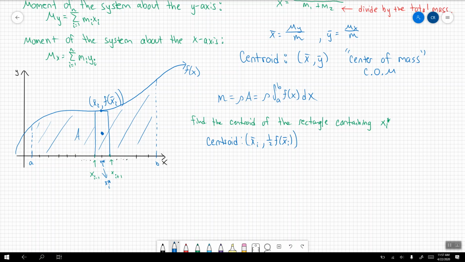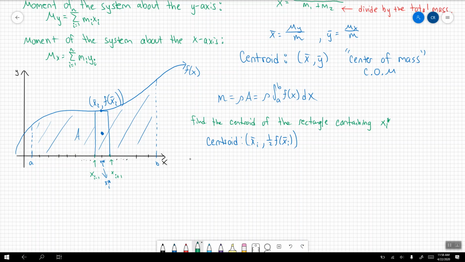Now, again, we don't want just a centroid for one rectangle. We want to find the centroid for all of these individual rectangles, and to carry this on, we now need to figure out the moments of this region.